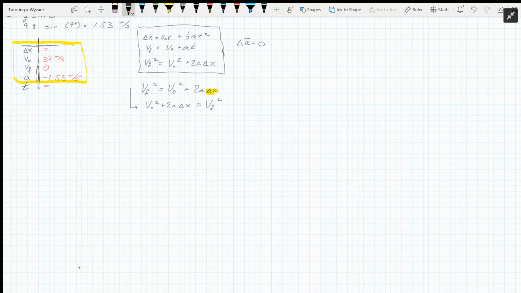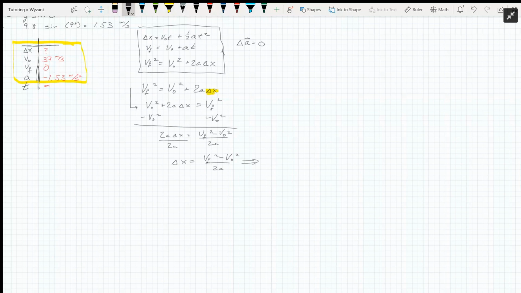Then I'm going to subtract v naught squared from both sides. So I get 2a delta x is equal to vf squared minus v naught squared. Then we can divide both sides by 2a, and what I get is delta x equals vf squared minus v naught squared over 2a.